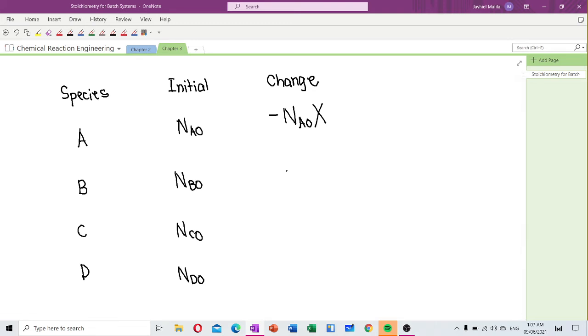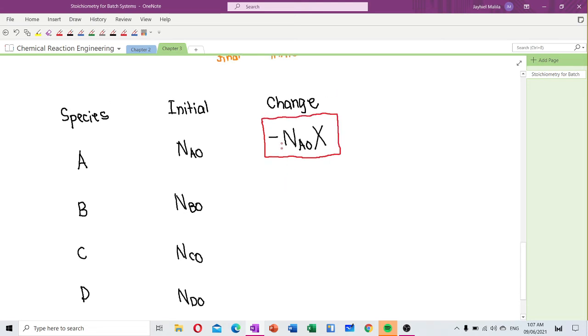Since our basis for the amounts of reactants consumed and products generated is species A, it's vital to base the change terms for B, C, and D on this term. Knowing that this term that I boxed here in red is the moles of A reacted, we should ask ourselves, how can I account for the moles of B reacted based on this term?